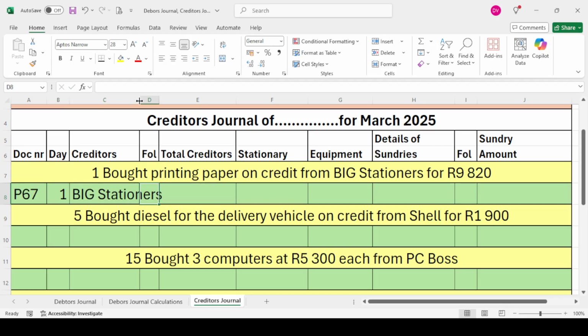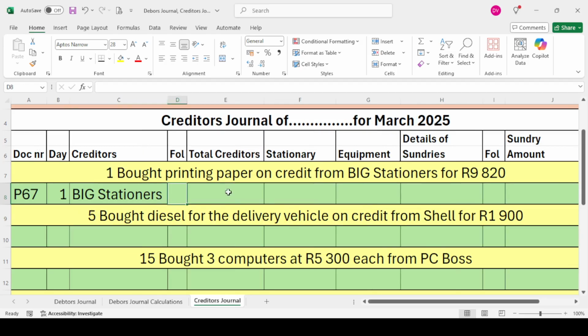Under your total creditors, you're going to put the full value that has been given to you. 9,820 Rand goes under your total creditors. But then you have to show on your creditors journal what it was for. If you have a column for that specific item that you bought, you're going to put it underneath that column.